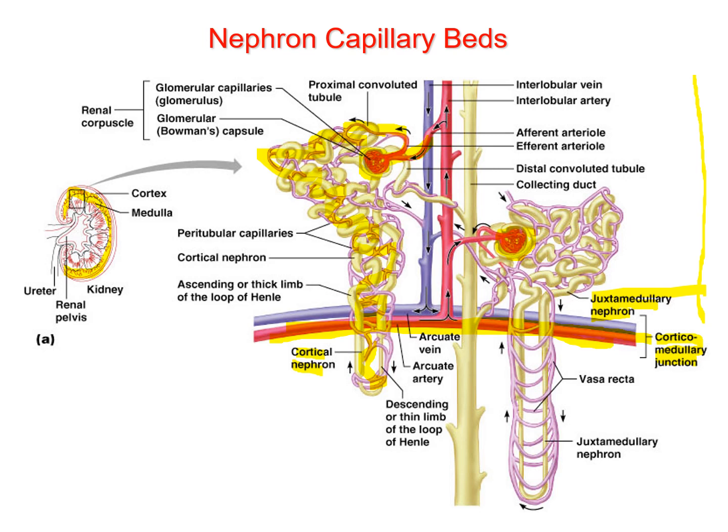And the loop of Henle, this tubular loop going down, dives deeper into the medulla of the kidney. These juxtamedullary nephrons are typically involved in forming more concentrated urine.